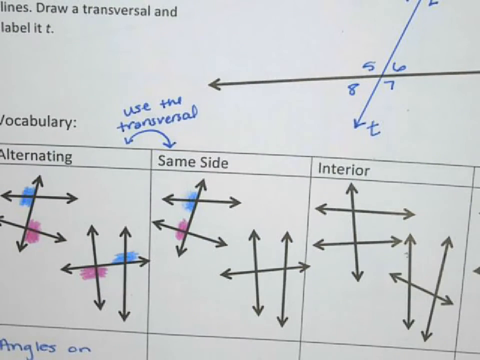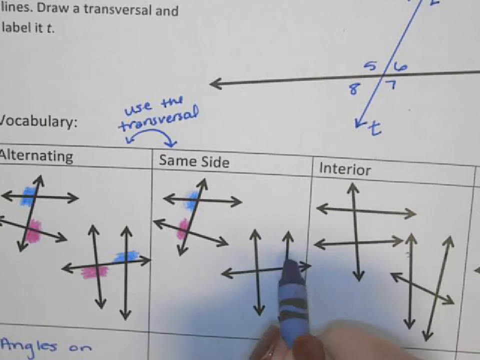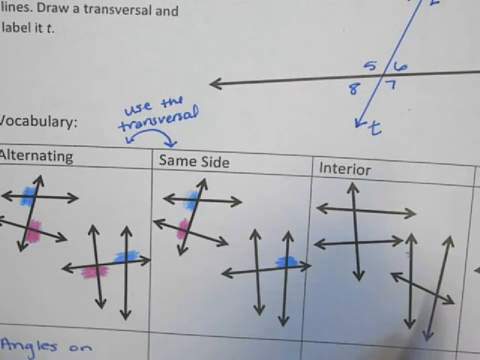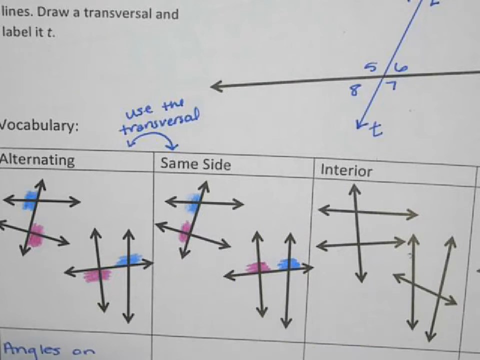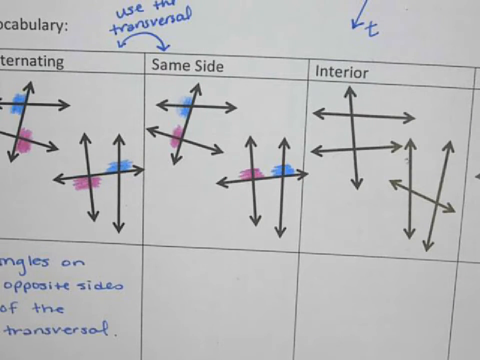So they're either on opposite sides of the transversal or on the same side of the transversal. Here you'd be on the upper part and stay on the upper part, or on the lower part and stay on the lower part. These are angles that are on the same side of the transversal.